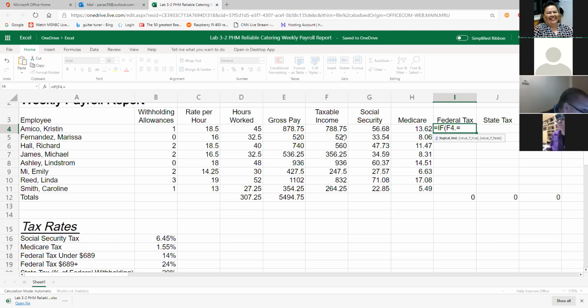Oh, wait a minute. Greater is this symbol or equals. Okay. If it's greater or equals to what? To 689, which is where?